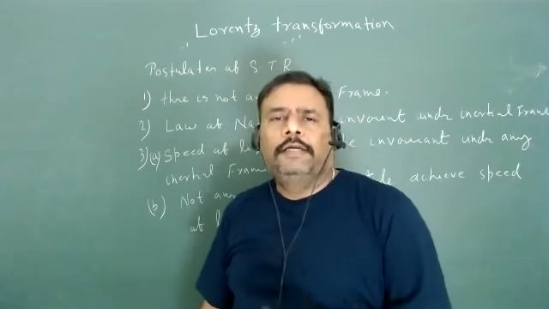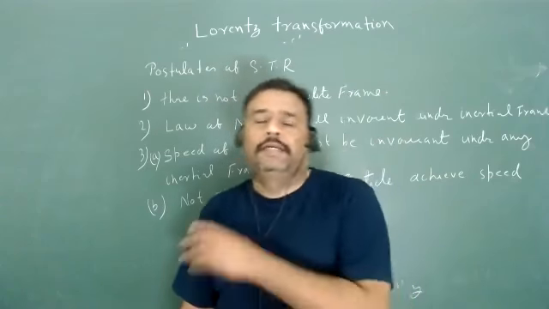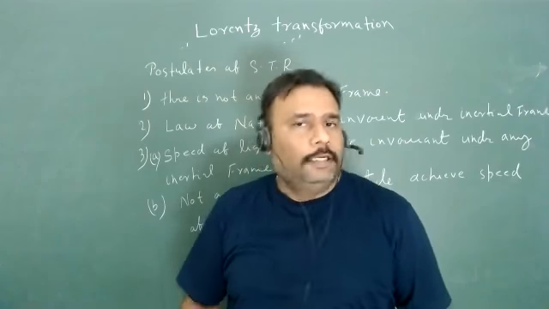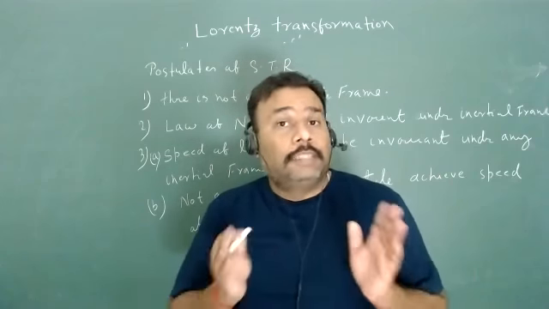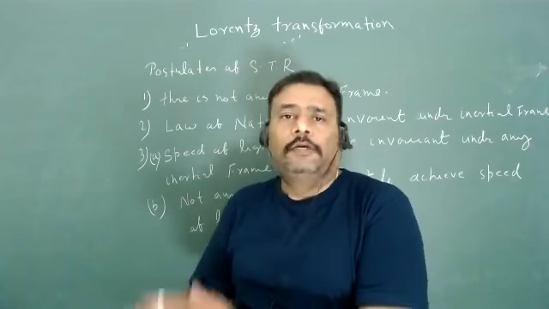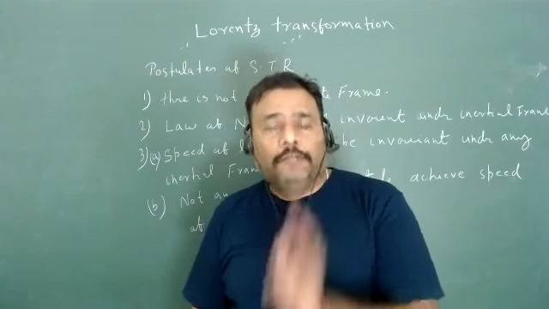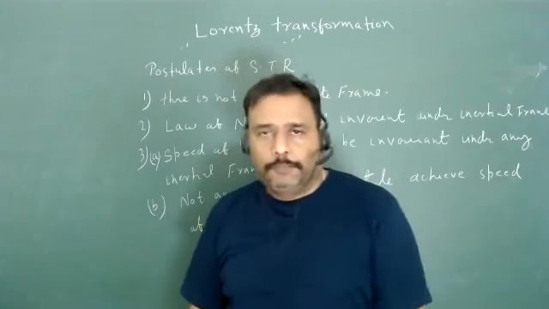The speed of a particle will always be less than the speed of light if it is a materialistic particle. Only one particle, the light particle, moves with the speed of light. All other particles have velocity less than the speed of light.